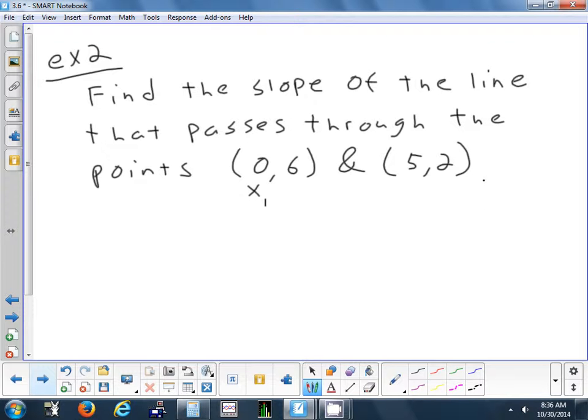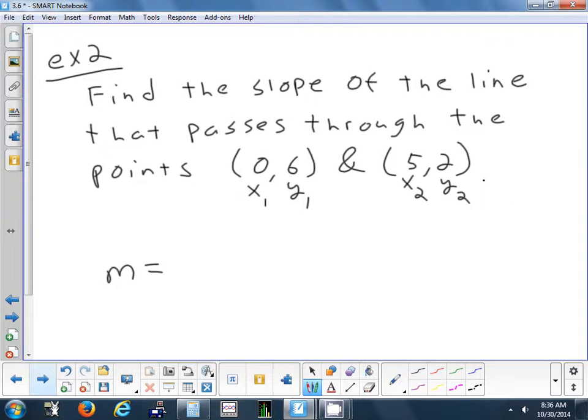But now that she picked 0 as x1, what does that make the 6? Now we don't have a choice. That makes it y1. And now that automatically makes the 5 x2, and it makes the 2 y2. All right. I like to label these first so that I can just fill them into my formula.